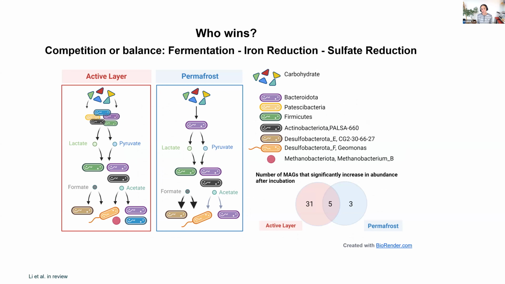And most of these processes, especially in the permafrost, were not really supporting methanogenesis, but feeding other bacteria that could take different portions of the fermentation, especially the ones that could take carbohydrates to pyruvate and then to formate. That was really appearing as a winning strategy, whereas in the active layer, things were staying a bit more balanced between the different pathways that the fermentation could take.